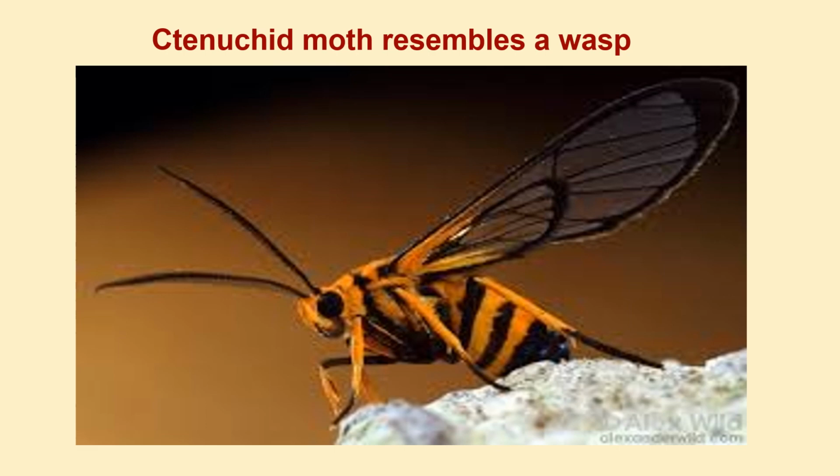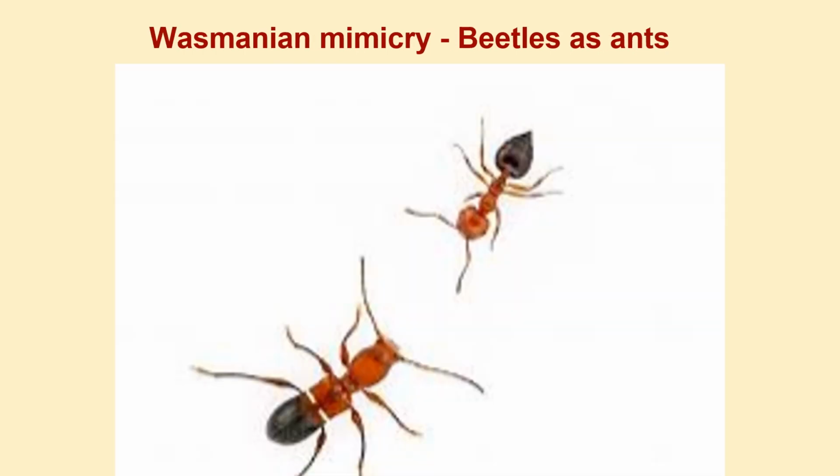Once a bird has learned not to eat wasps, it automatically has also learned not to touch the tiny moth. Thus, both individuals are not destroyed by the bird. On the other hand, if a bird learns that the moth is unpalatable, it will avoid wasps also, and thus wasps are benefited.